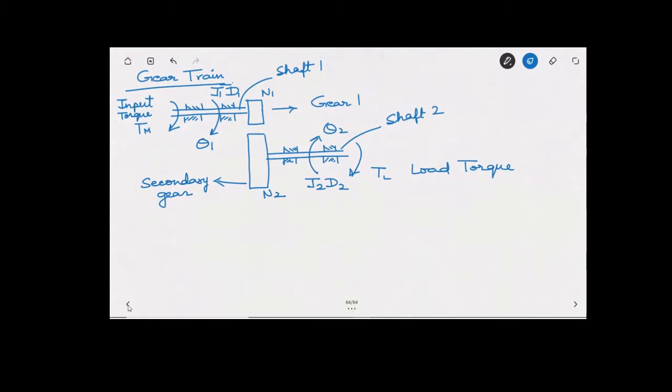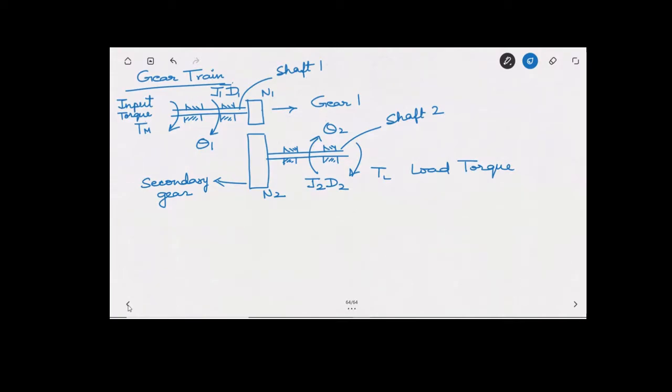So this is a gear train where there are two gears. N1 is called the primary gear and N2 is called the secondary gear. Here the applied torque is the input torque. Suppose there is a motor and load; the input shaft is connected to the motor and the output shaft is connected to the load.